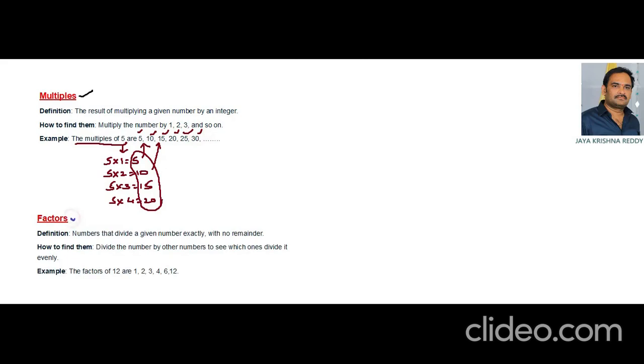Factors means numbers that divide a given number exactly with no remainder, means remainder should be 0. For example, to find the factors of 12, check by which numbers 12 will be divisible. 12 is divisible by 1 and 12 is also divisible by 12. After 1 you have to check whether it is divisible by 2 or not. 12 is divisible by 2. 2 sixes are 12.